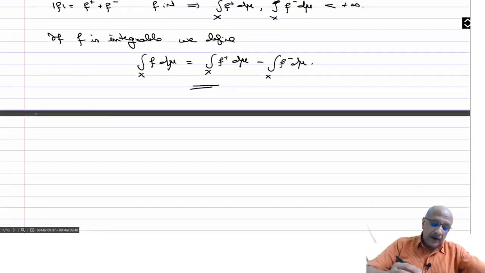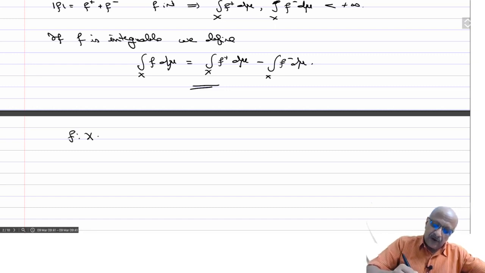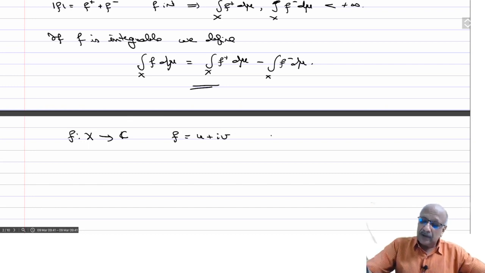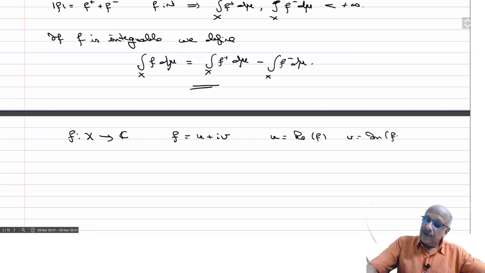So at this point we can consider all complex valued functions also. So f from X to C is a complex valued function. Let us write it in terms of the real and imaginary part. So u equals the real part of f and v equals the imaginary part of f.